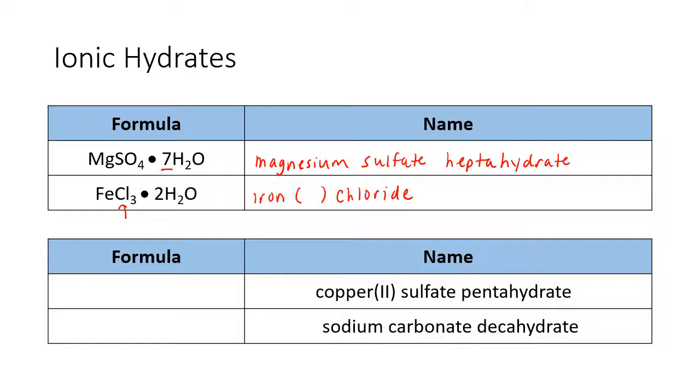So chlorine is an anion. Chlorine in a compound forms a -1 charge. We've got 3 of them according to our formula, so 3 -1 charges. For every 1 iron, iron must be a +3. So this would be iron 3 chloride. And then 2 is di, the Greek prefix, dihydrate.